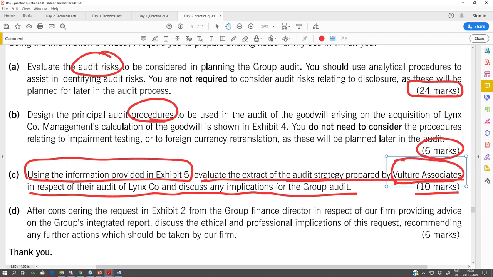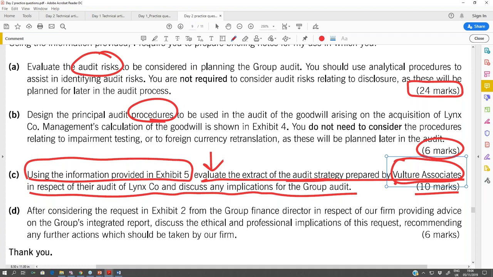Links is a subsidiary of the group, and you are the auditor of the group. We need to evaluate the strategy prepared by Vulture in respect of the audit of Links company and see if there is any implication for the group audit for 10 marks.